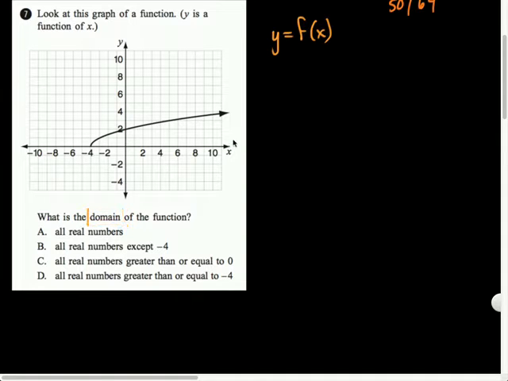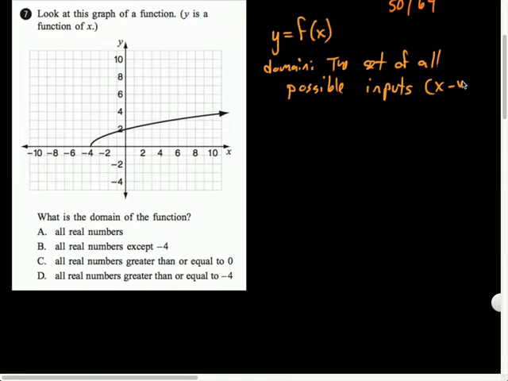So this one does have some vocabulary restrictions. Domain is the set of all possible inputs, or x values. All right.